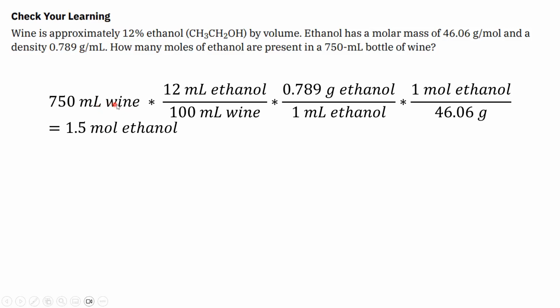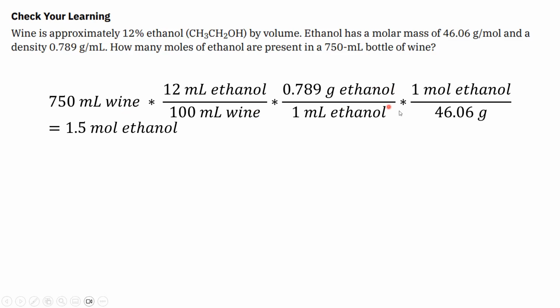So again, 750 milliliters of wine. For every 100 milliliters of wine, we're going to have 12 milliliters of ethanol, just because it's a 12% by volume solution. And then based on the density, for every 1 milliliter of ethanol, there's going to be 0.789 grams of ethanol.